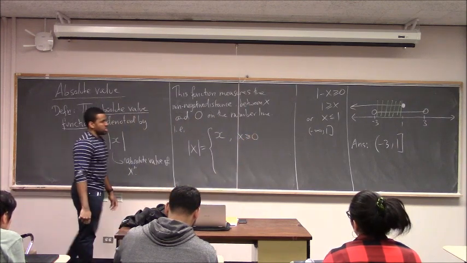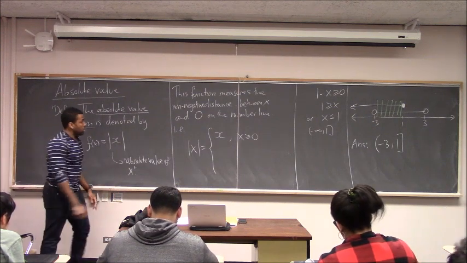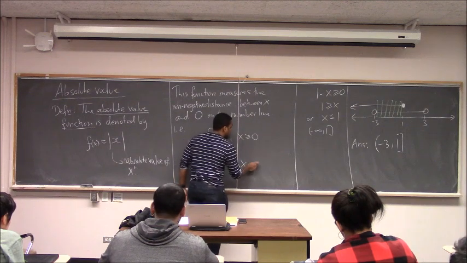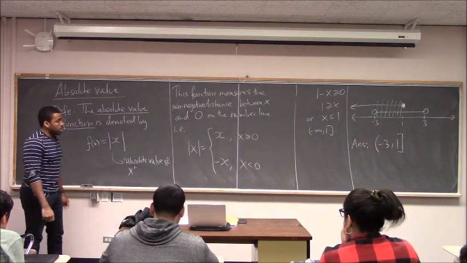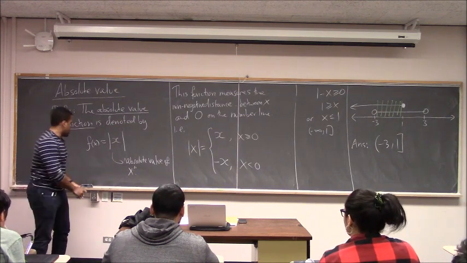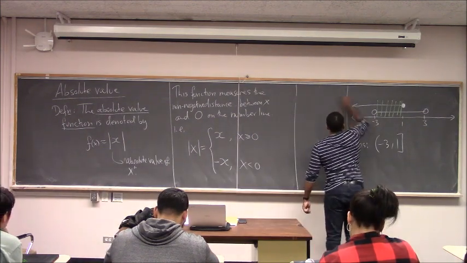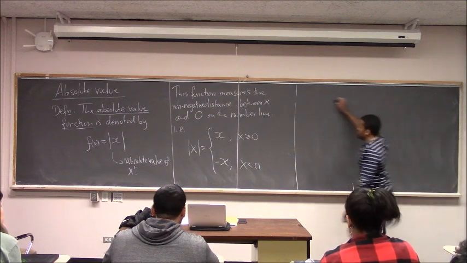In other words, if your x is already a positive number or 0, it's not going to do anything. And it will give you minus x if your x is less than 0. Now the point of that is if you have a negative number, it will take the negative of that number to make it a positive number. So what that does is give you the following.